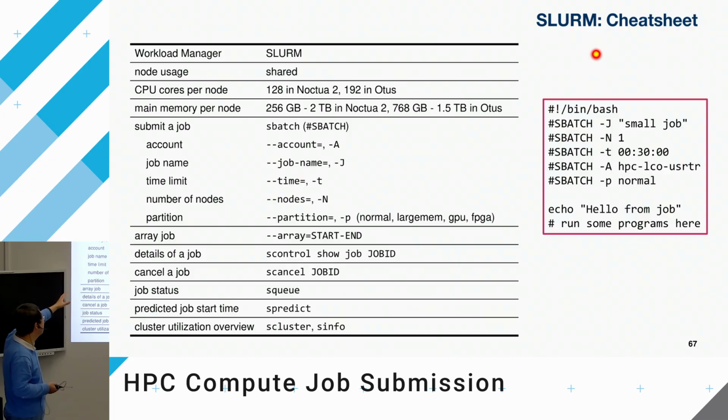This table shows you the number of CPU cores for Noctua 2, and the number for one compute node, one compute node memory, and Slurm options, and so on, so that you can use those options very conveniently. And on the right side, we have a mini example, so that you can just copy paste and then replace this hello with your real program, so that you can start your calculation right away.